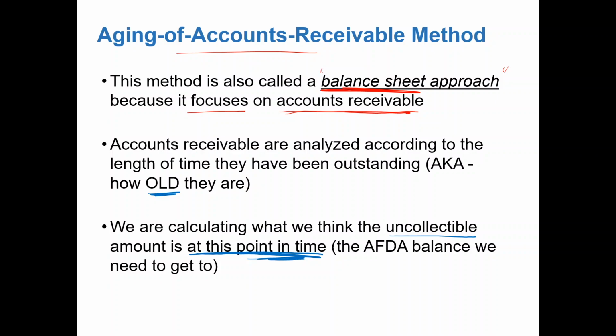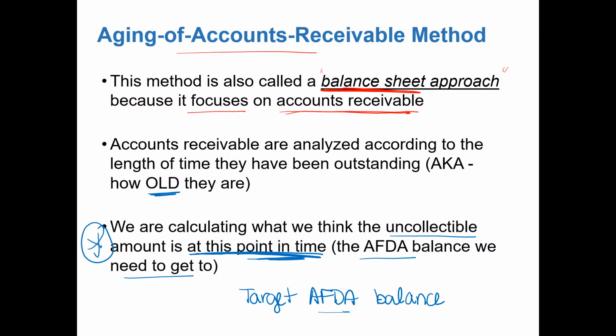And this means that we're calculating the allowance for doubtful accounts balance that we need to get to, or the target AFTA balance. So we think this is the amount that's not collectible at this point in time, which is what we know the allowance for doubtful accounts represents. So this is important to note.